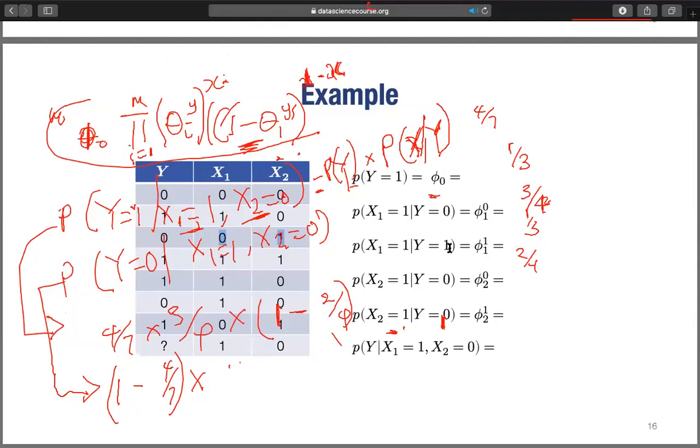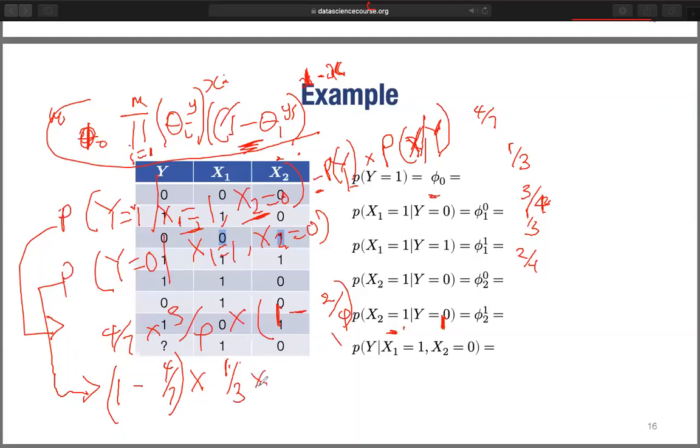Is it clear? Okay. So now let's continue. What's left now is for us to find the probability of y equals 0 given x1 is equal to 1. So what will we have as that? 1 over 3, yeah, 1 over 3, nice.